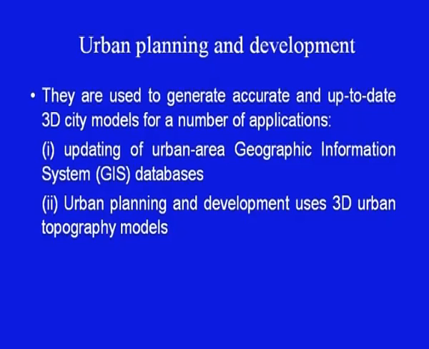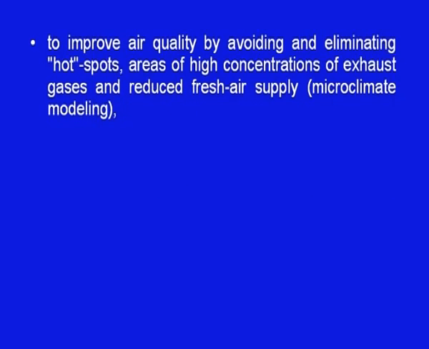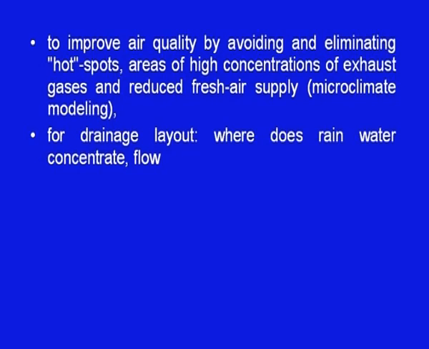Urban planning and development uses 3D urban topography models. It can be used to improve air quality by avoiding and eliminating hotspots, areas of high concentration of exhaust gases and reduced fresh air supply, that is, it can be used for microclimate modeling.